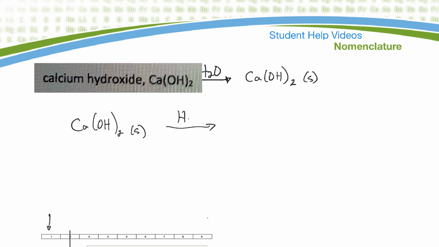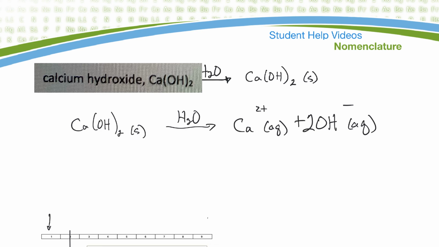If you dump it in water, there's a possibility that it'll convert into calcium ions and hydroxide ions, both of these aqueous. There's a possibility that that will happen. Oh, I should balance it. Put a 2 there. So possibility that it'll happen, but it's not likely according to our chart.